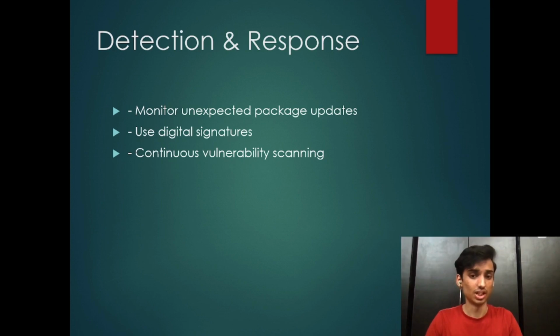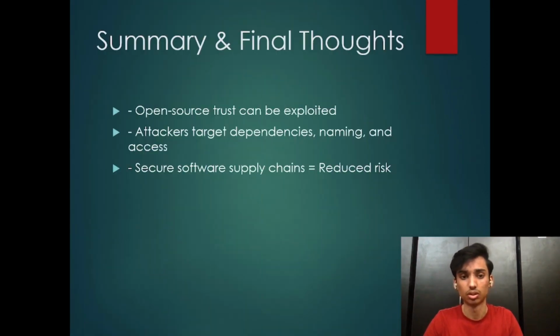Thirdly, continuous vulnerability scanning. Regular scans can identify security flaws before they escalate. So, the above discussed measures are a proactive approach to security, which helps catch attacks early before they cause widespread damage.